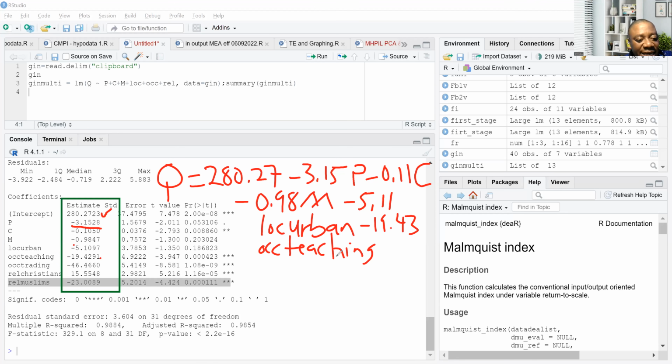Then the next number is minus, because it's minus 46. So you do minus 46 point, and when you check it is 47. Which variable is that? Oh no, that is OC teaching; this one is OC trading, occupation trading. So you write OC trading.